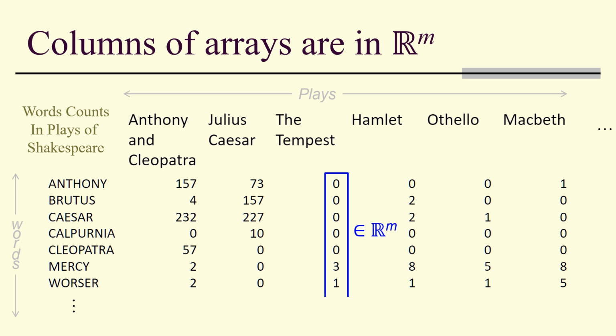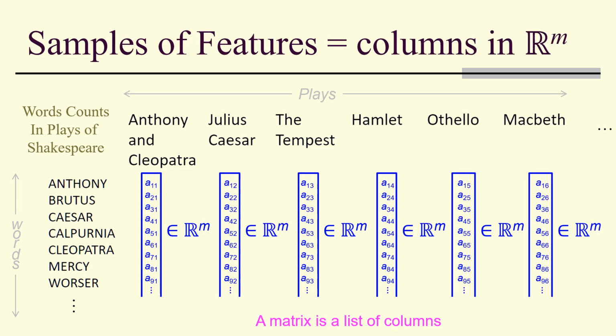These columns are actually vectors in R^m. And notice that samples of features are columns in R^m. This is just repeating what we said. And so if we have the plays of Shakespeare and words and word counts, then all of those columns form a list of columns, which is a matrix.